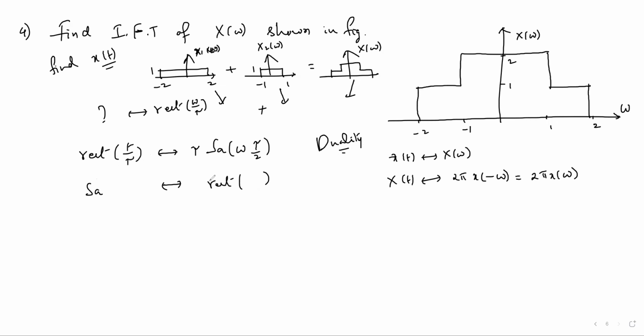So for this rectangular function on this side, t will be replaced with omega by tau, and 2 pi is multiplied here. So this function should go that side: tau times sampling of omega, which now in the time domain becomes t tau by 2.